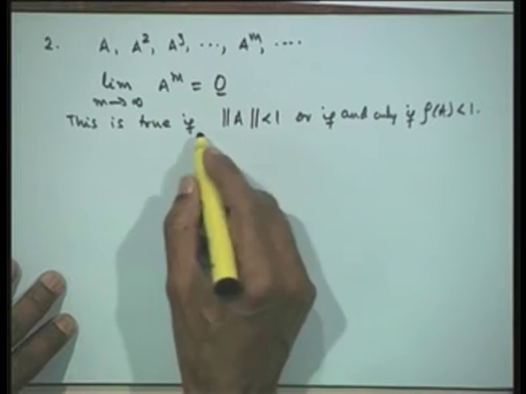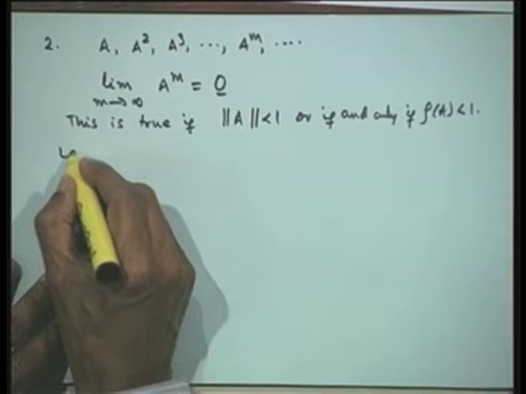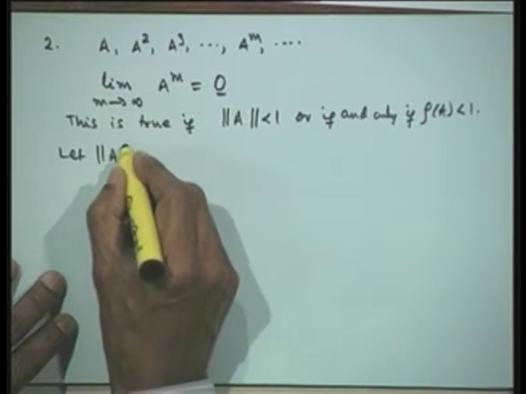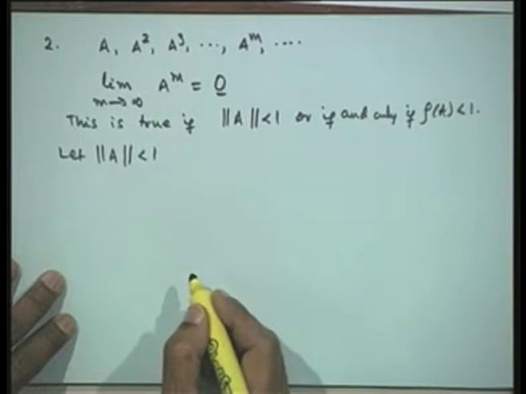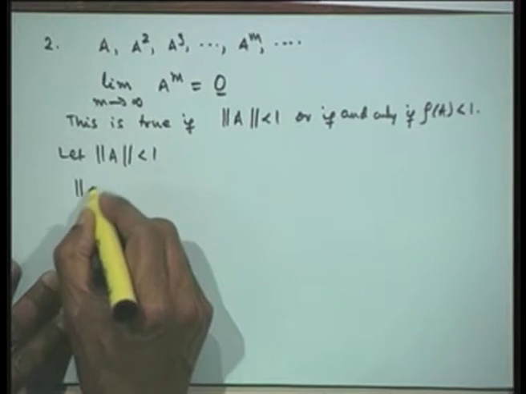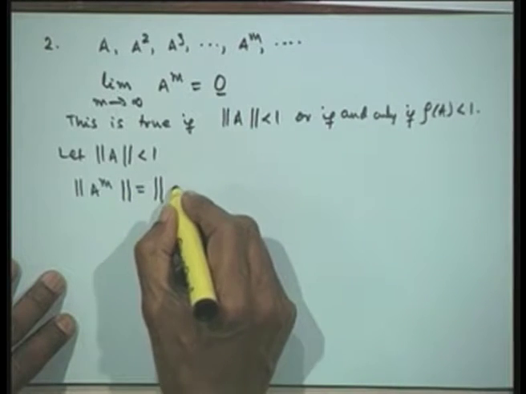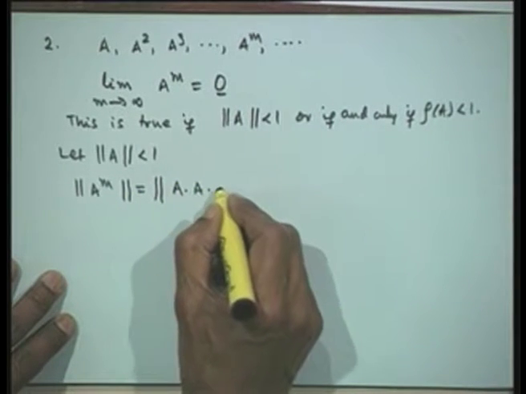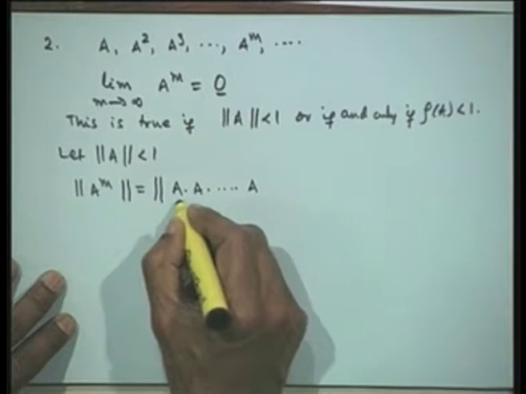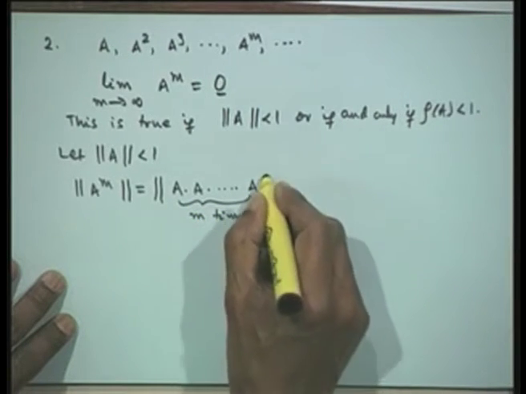Now the proof of this is just one line, because let us take that norm of A is less than 1. Then norm of A to the power of m is norm of A into A, and so on into A, m times.